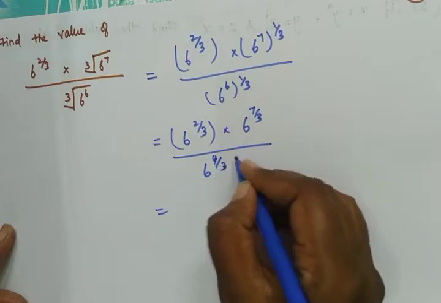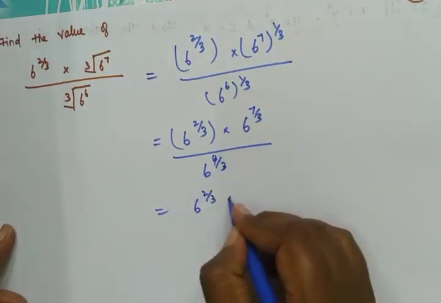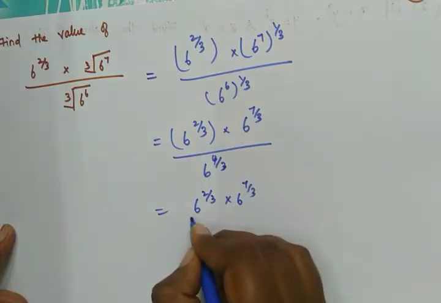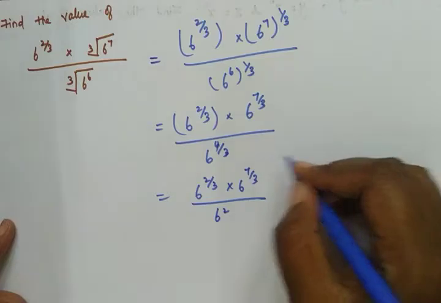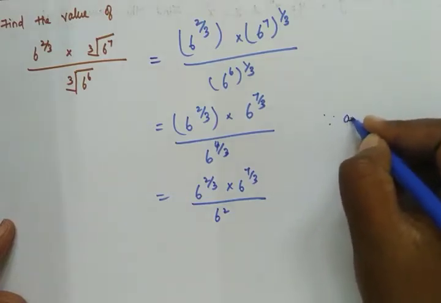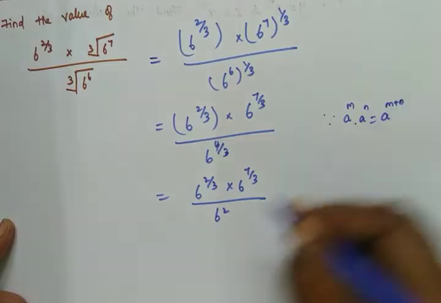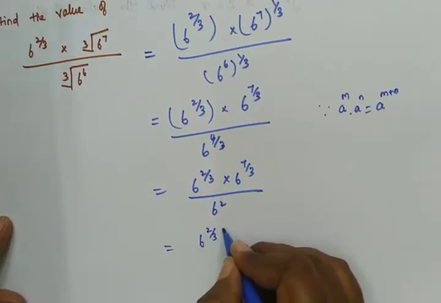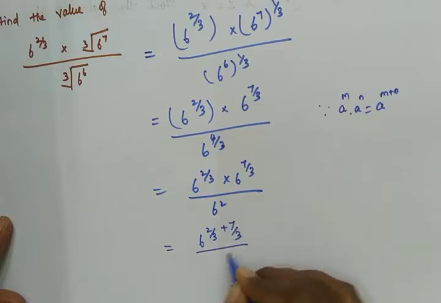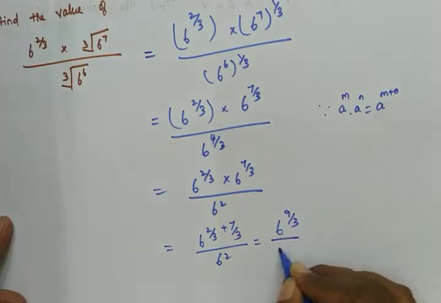Now cancel this, we'll get 2. So 6 power 2 by 3 into 6 power 7 by 3 by 6 power 2. Since the bases are equal, we know that a power m into a power n is equal to a power m plus n. Therefore, we can write this as 6 power 2 by 3 plus 7 by 3, by 6 power 2. So it is equal to 6 power 9 by 3 by 6 power 2.